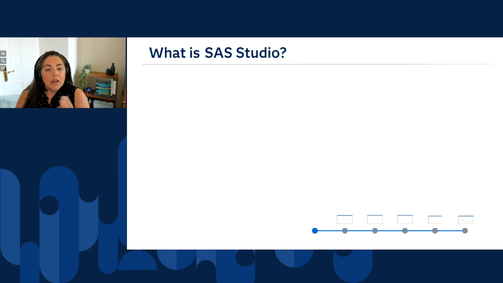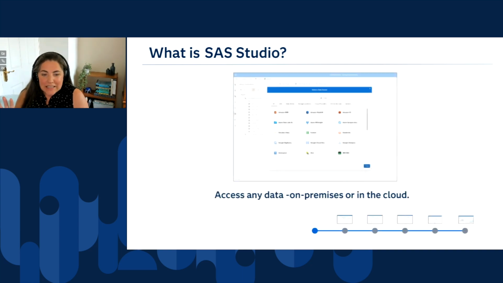Okay. So we can access any data on premises or in cloud, and it's seamlessly accessible through your web browser. So you can easily connect to the leading cloud data platforms, just as you can see in this picture, like AWS Redshift and S3.